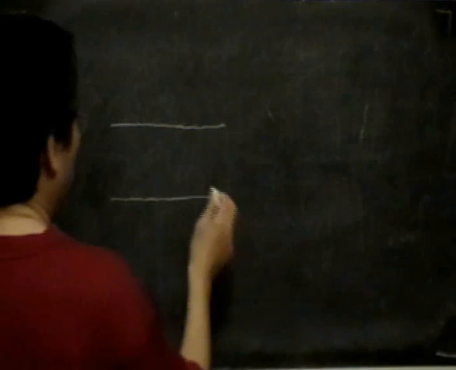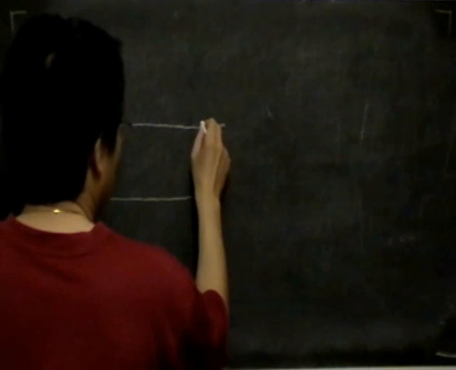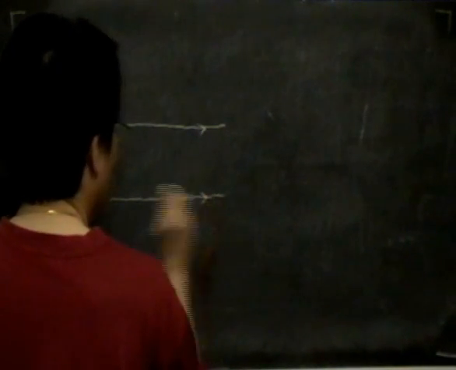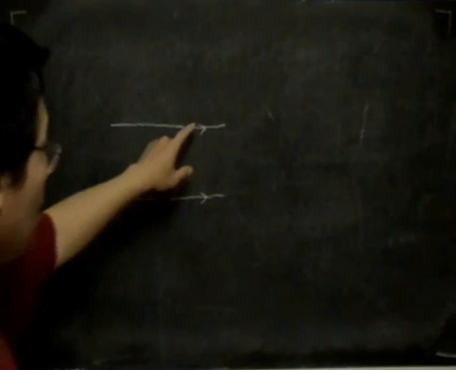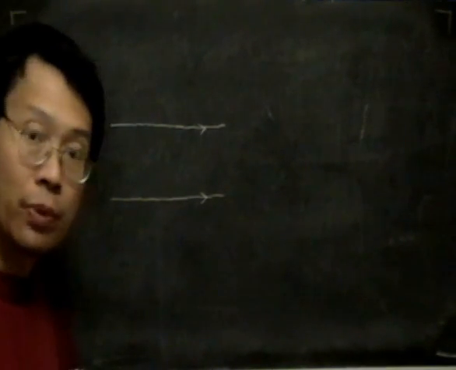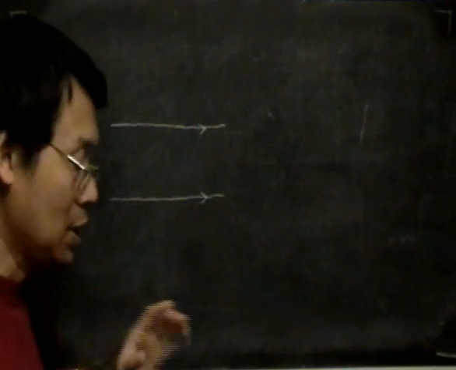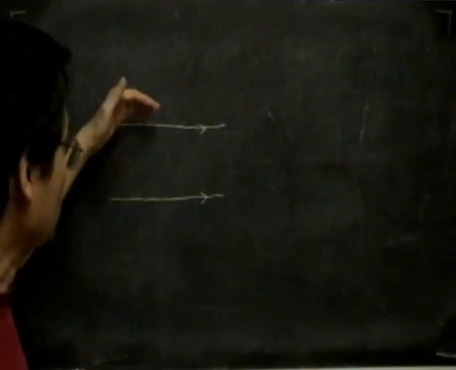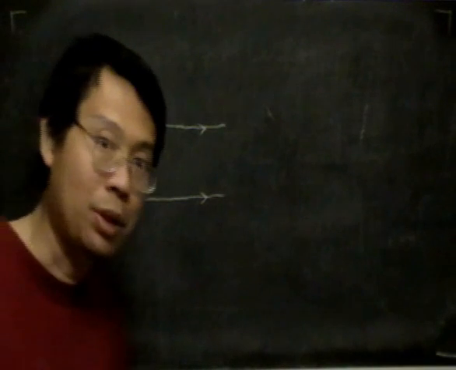Alright, and we often show that they are parallel lines by putting a little arrow on each line. So if you have the same arrow on each line, then it's a symbol. The little arrows here are used as a symbol to tell us that the two lines are parallel.